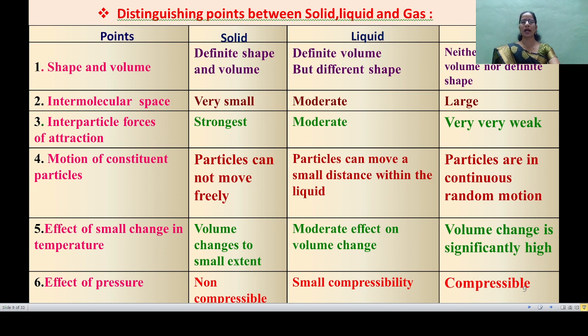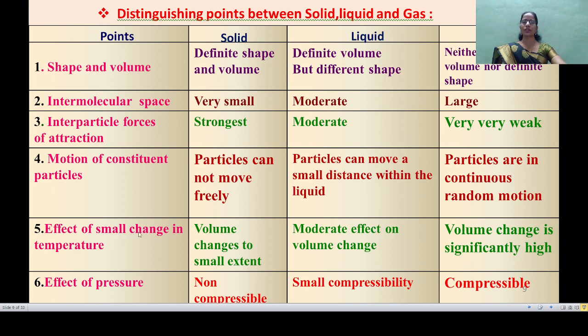We have seen that the particles in the solid state cannot move freely. In the liquid state, the particles can move a small distance within the liquid, while in the gaseous state, the particles are in continuous random motion. Now, the fifth distinguishing point is very important, that is, the effect of a small change in temperature.